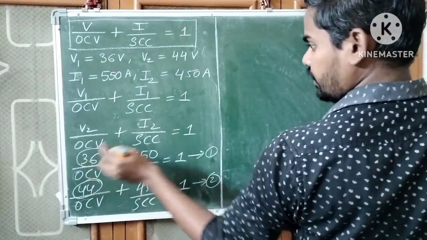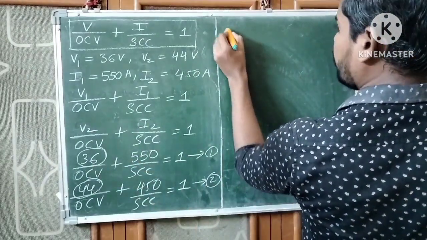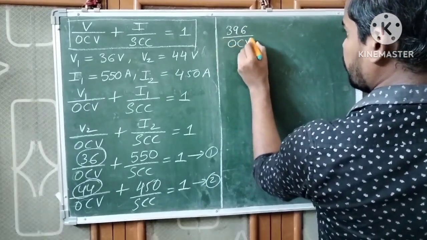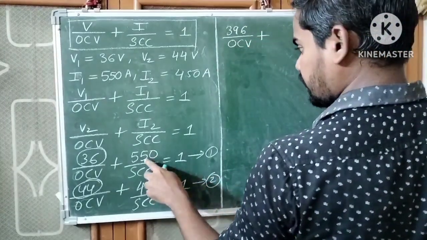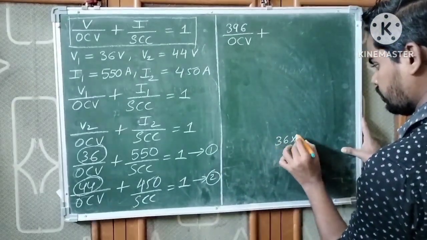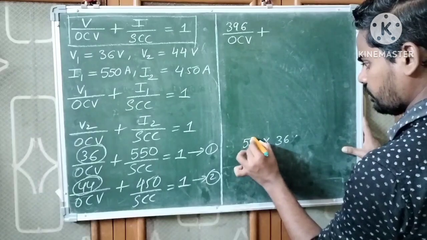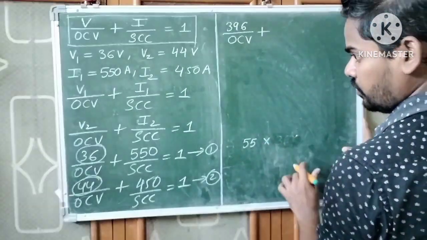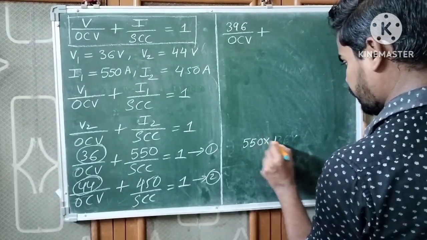So multiply equation number 1 by 11. You will get 36 into 11, 396 by OCV, plus 11 into 550.